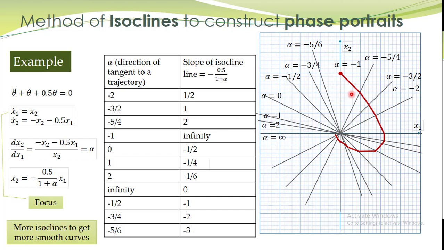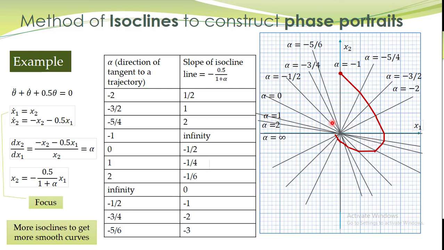So more is the number of lines, more accurate will be the graph. So over there we stated that we move from this point to mid of these points. That is equivalent to sketching one more isocline over here. So more is number of isoclines, more smooth and accurate will be the graph.